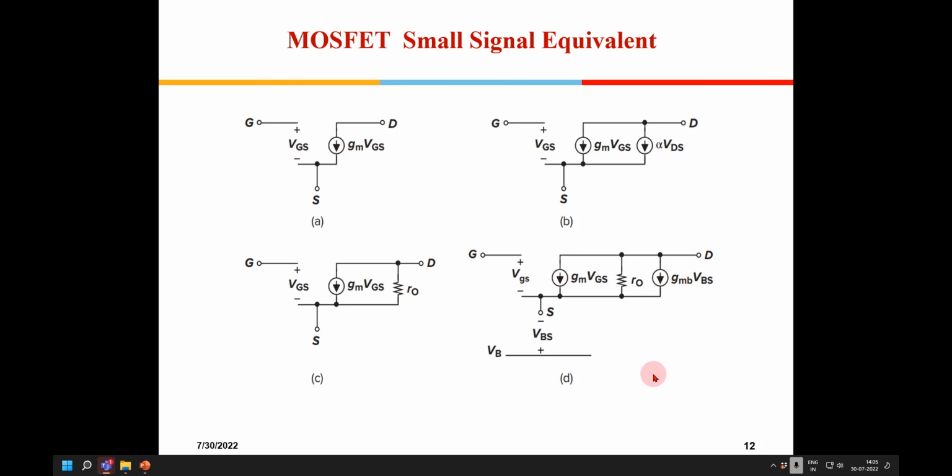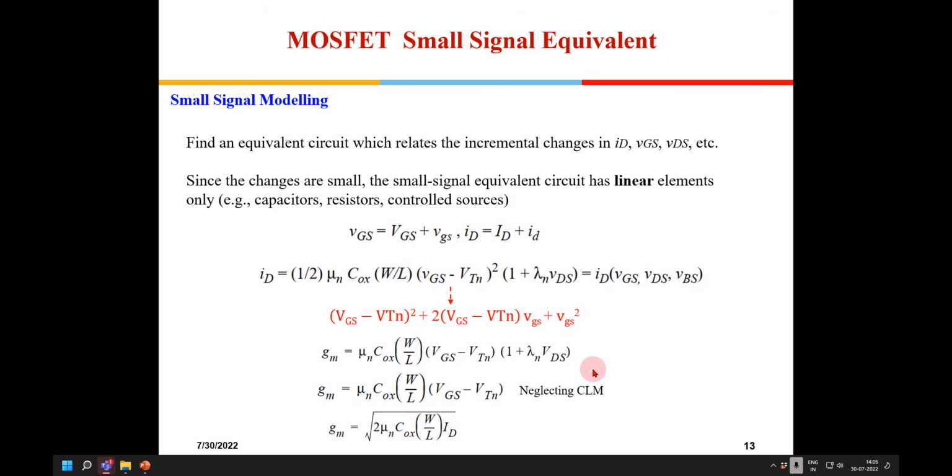Sir, in this diagram A itself, when we were deriving GM on that page, we derived the value of ID as this value. Right, small i capital D is the sum of the bias current plus the small signal current.